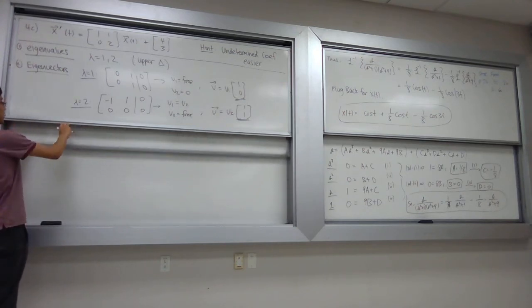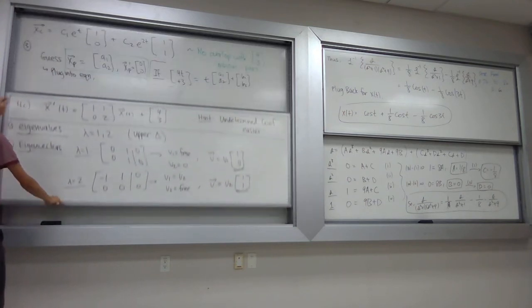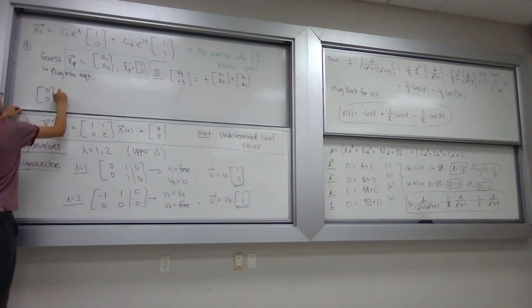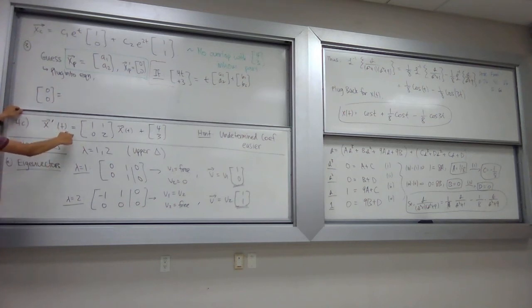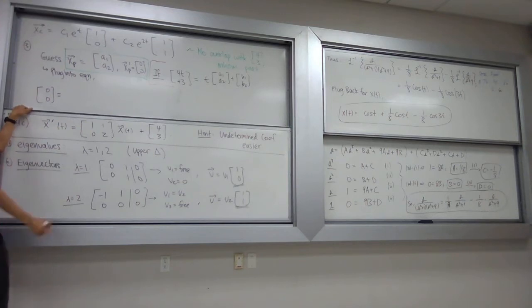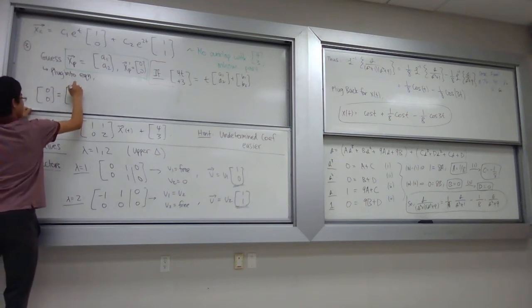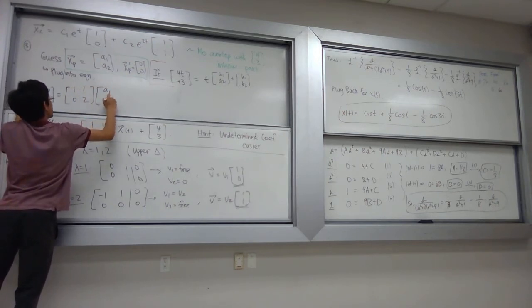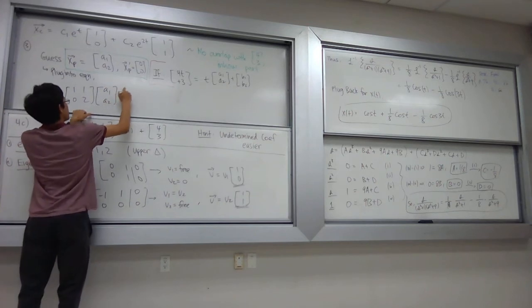So, do that. Okay, at least the left-hand side is easy, right? The left-hand side is just the derivative, or XP prime. So that's just 0, 0. And then here, we're going to multiply this matrix to just a constant vector, right? So maybe I'll write it out all the way. So we'll have 1, 0, 1, 2 times our XP, which is A1, A2, plus the inhomogeneous part.